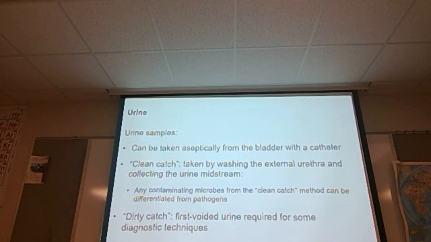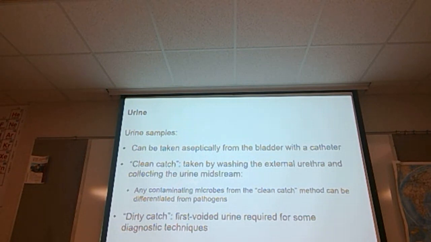Urine samples can be taken aseptically from the bladder with a catheter. There are two different types of collecting urine from a urine stream coming from the urethra. You can have what is called a clean catch or a dirty catch. A clean catch is taken by washing the external urethra and collecting the urine midstream. In other words, you start, go for a few moments, and then take your collection.